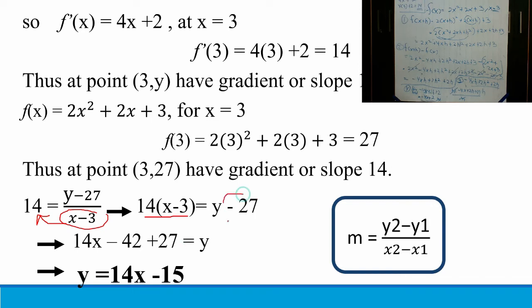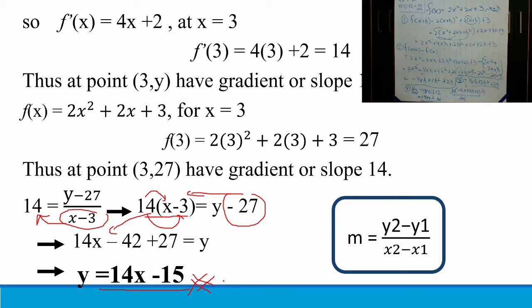Then you move this one to the left side, it becomes positive after I multiply what is inside, which is 14x. And 14 multiplied by negative 3 becomes negative 42, plus 27 equal to y, and you get that y equal to 14x minus 15.